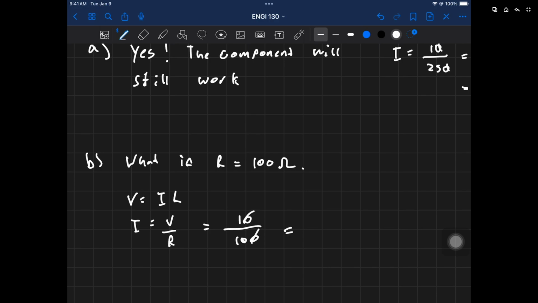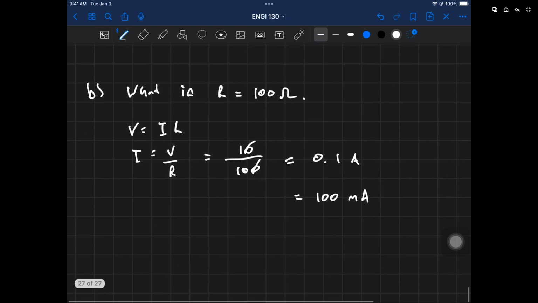Cancel out, and we're left with 0.1 amps, which is equal to 100 milliamps. So for part B, the answer would be no, it would not work.